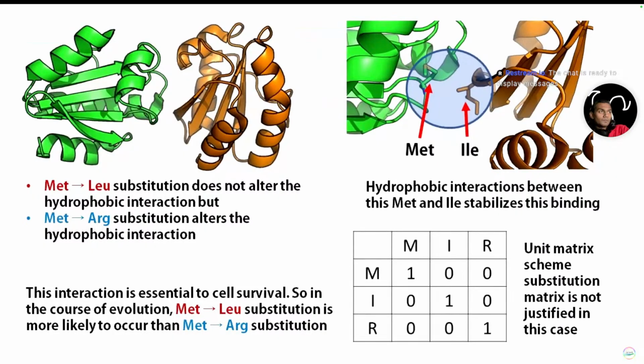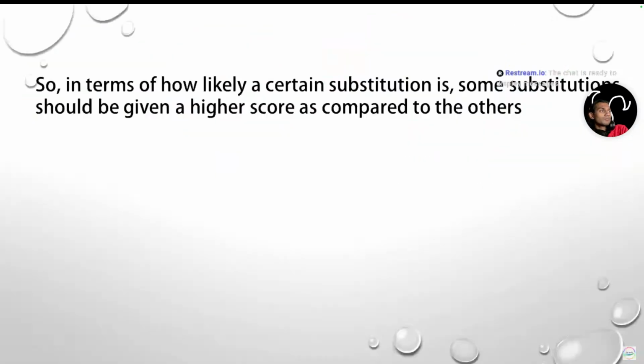In other words, amino acid substitutions are too complex to be modeled using a scoring scheme of 1 for a match and 0 for a mismatch. In terms of how likely a certain substitution is, some substitutions should be given a higher score as compared to the others.